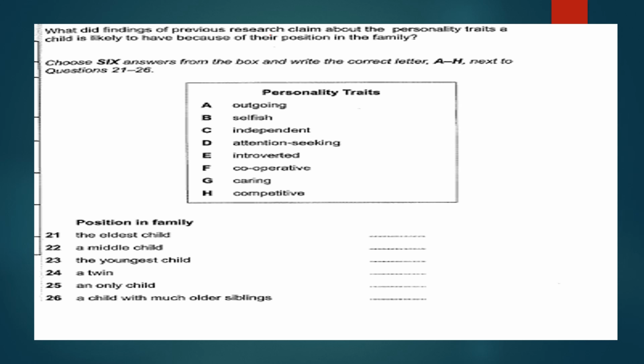So outgoing, selfish, independent, attention-seeking, introvert, cooperative, caring, competitive. You read about the personality traits. Just remember, the speaker is not going to use the word outgoing or selfish or independent. The words will be different for these. They will use synonyms for them.